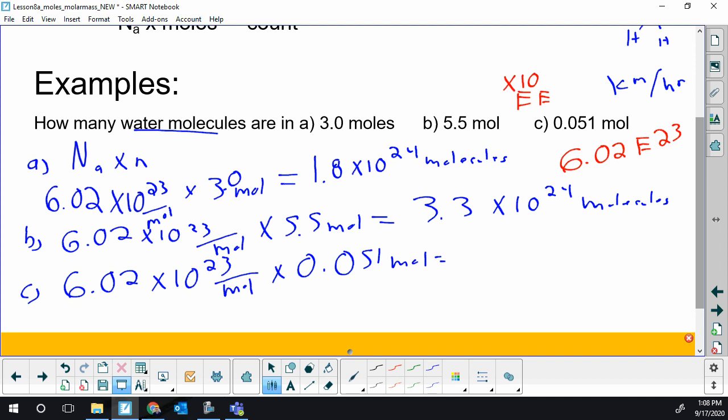Now we have a count, and that's all mole is counting. That's much less than a mole. That's less than Avogadro's number. So we should get an answer that's smaller than Avogadro's number, or we've made a mistake. And this one comes out to 3.7 times 10 to the 22 molecules.